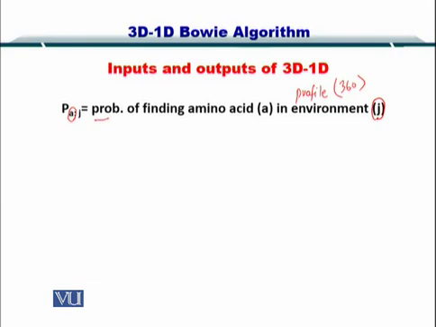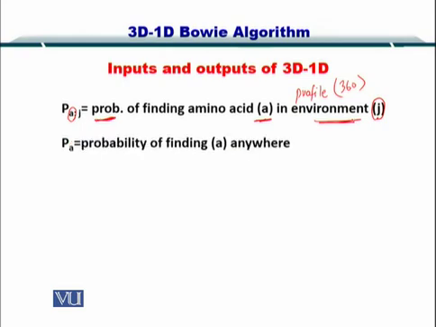You have to calculate the probability of finding amino acid A in a profile J. Once you have computed that, then you find out the probability of finding the same amino acid A anywhere in the sequence.